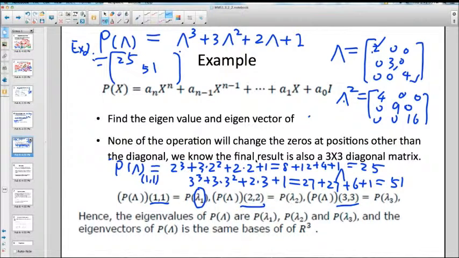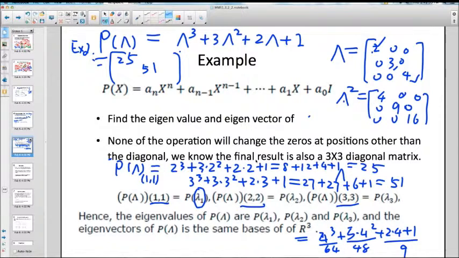The last one, 3, 3, you're going to do 4 cubed plus 3 times 4 squared plus 2 times 4 plus 1. That'll make a 64, 48 plus 64. Can you add by mind?